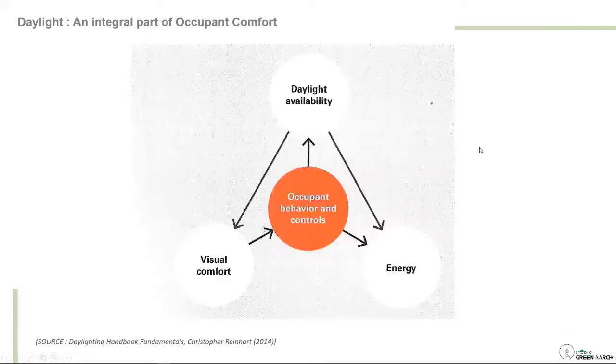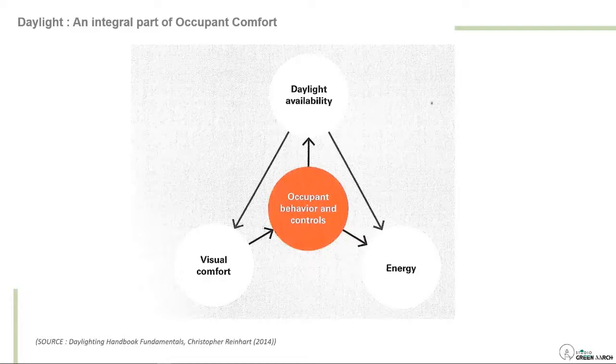So, let's start. In this slide, as you can see, we have three aspects in sustainable design when we talk about sustainable architecture: daylight availability, visual comfort, and energy. From this slide, you can see each is an interdependent characteristic of a building, and everything is an integral part of simulation.